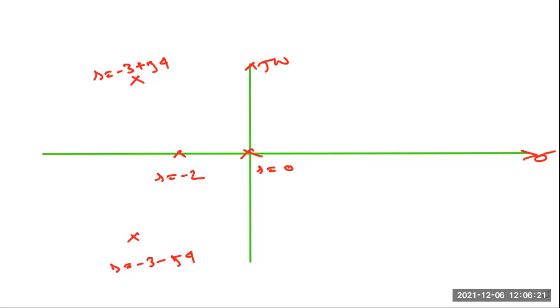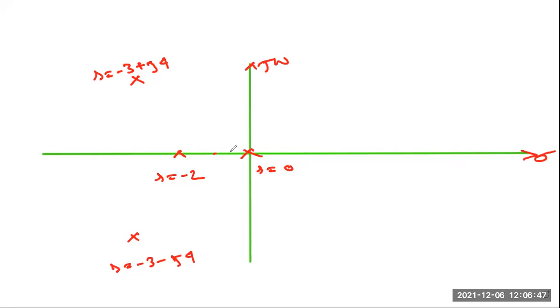Now we have to see which section of the real axis the root locus will lie in. So if you take any point here, tell me whether the root locus will lie between s equal to 0 and s equal to -2. Whether root locus will lie in this section.